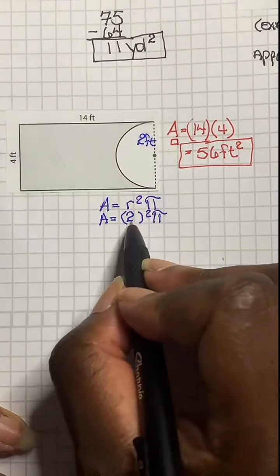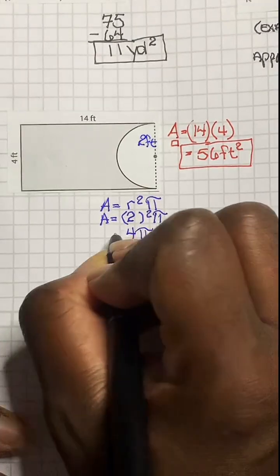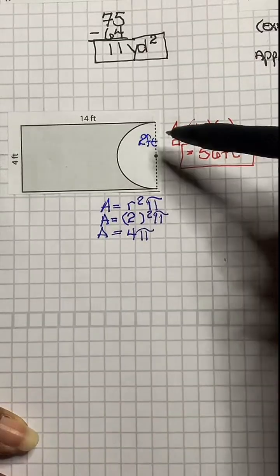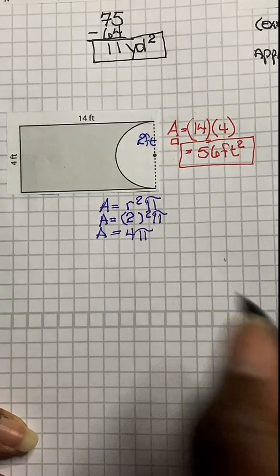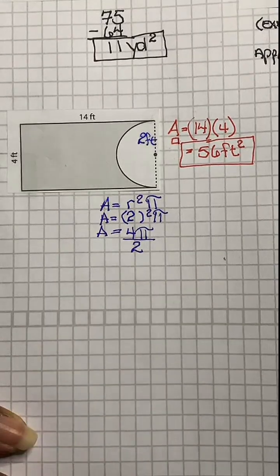Okay, so if we square that, we're going to have 4 pi. But again, that represents the area of an entire circle. We only want half of it. So we're going to divide by 2.